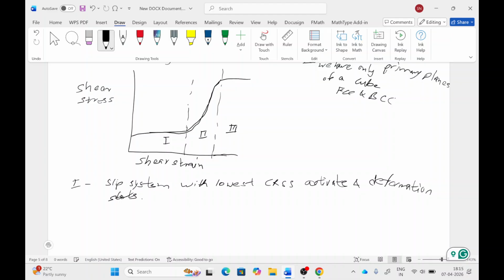Only one limited slip system gets activated and deformation is in its initial stage, so there are very few dislocations in the single crystal in stage one. Because of the low dislocation density, the strain hardening is very low.